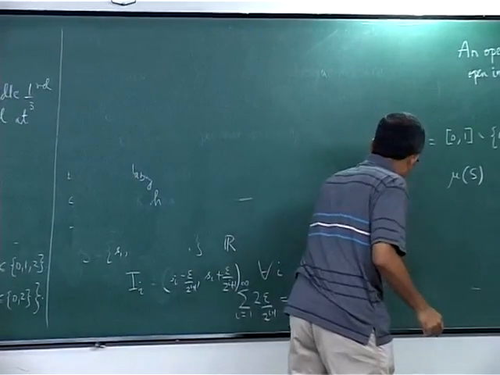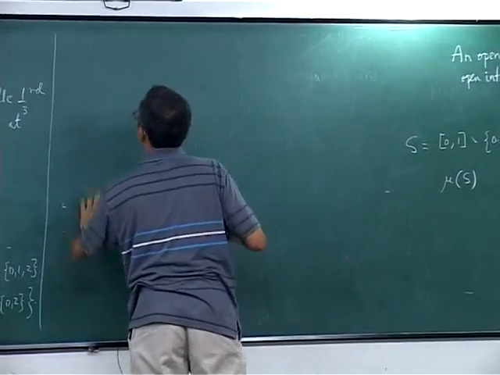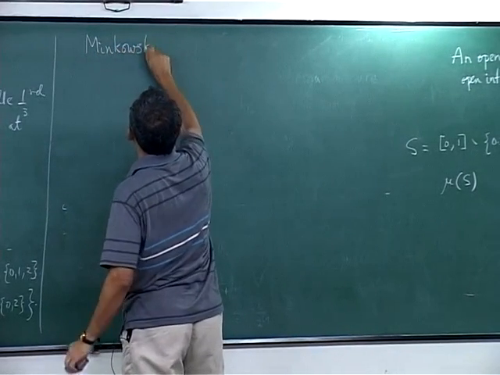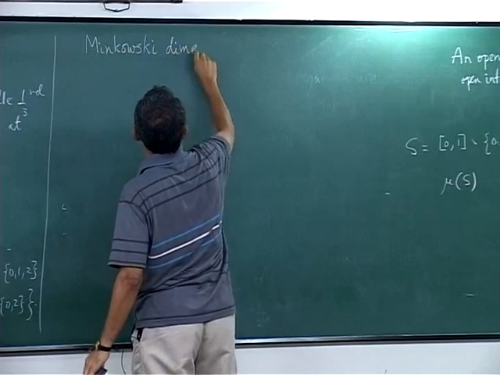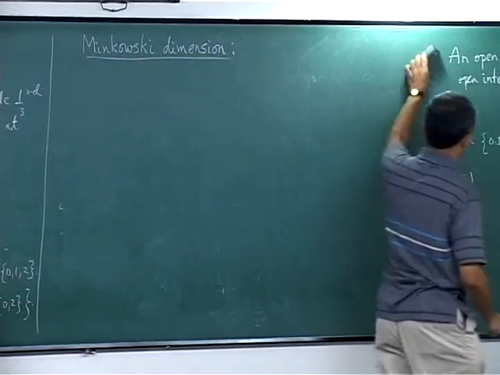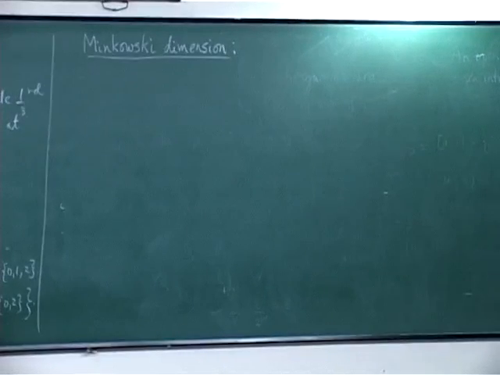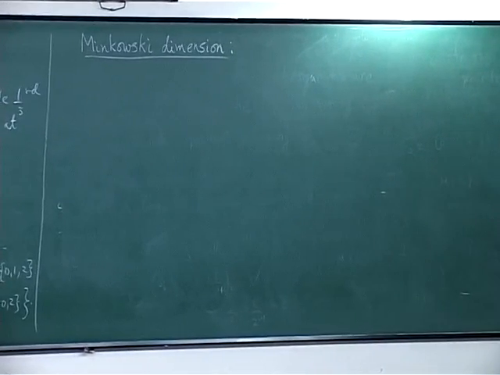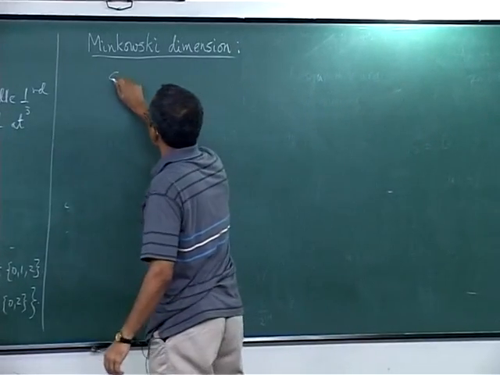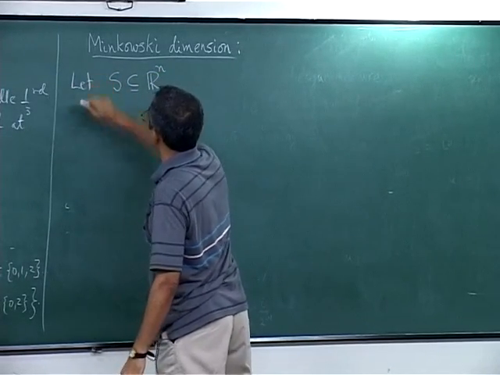Okay, let me spend a few minutes explaining this notion of Minkowski dimension. So take a subset S contained in Rn. So let's just focus on bounded sets.